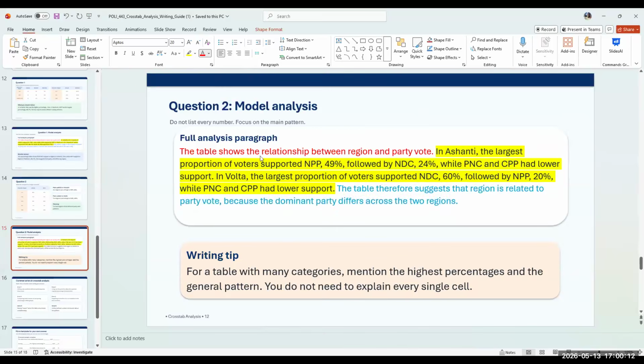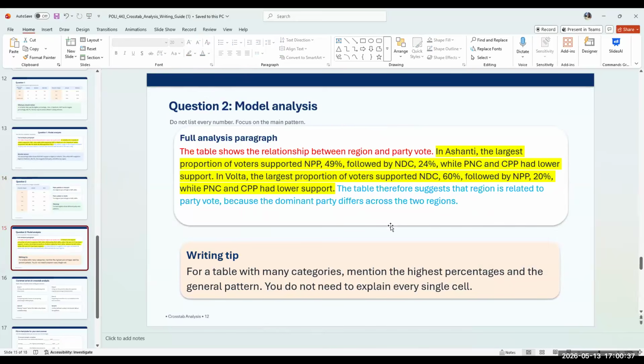I hope you're getting me. So this is how you can analyze this particular one by saying that the table shows the relationship between region and party vote. In Ashanti, the largest proportion of voters supported NPP, 49%, followed by NDC's 29%, whilst PNC and CPP had the lowest support.